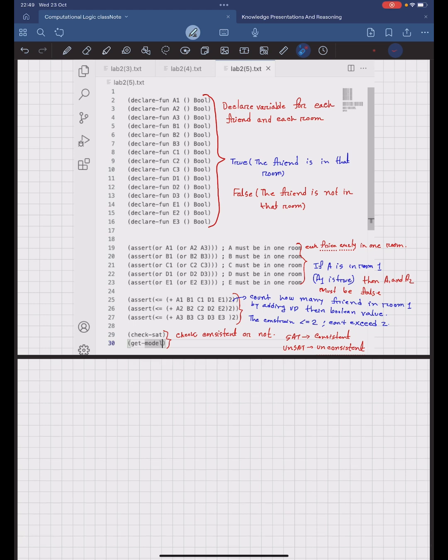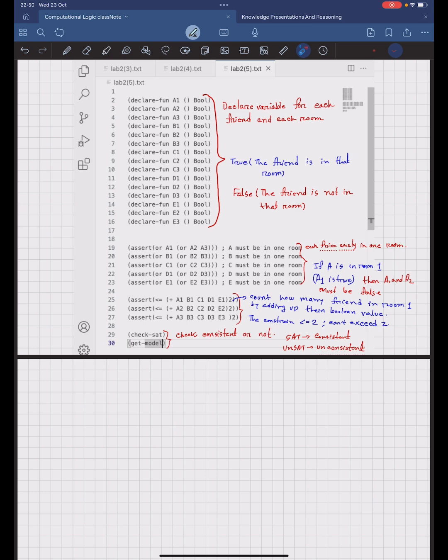Coming to the conditions, the first thing is every room has the capacity to hold one, we know that, but in there we have to ensure that every room has a different kind of friends.